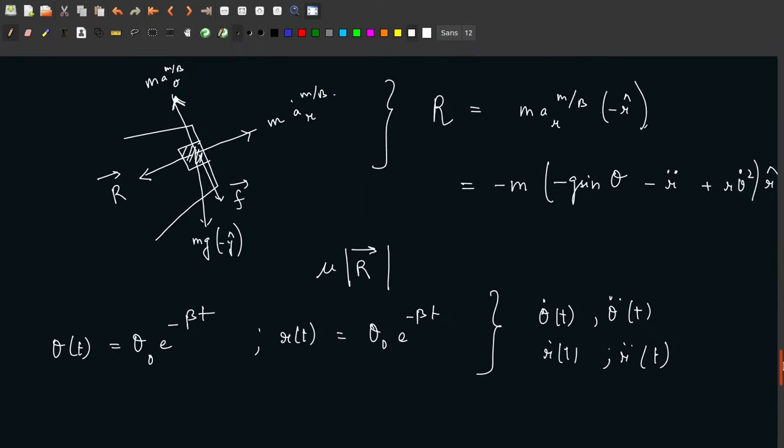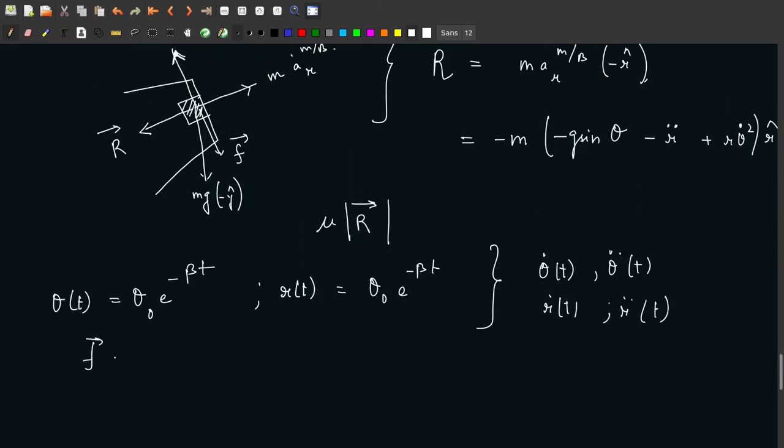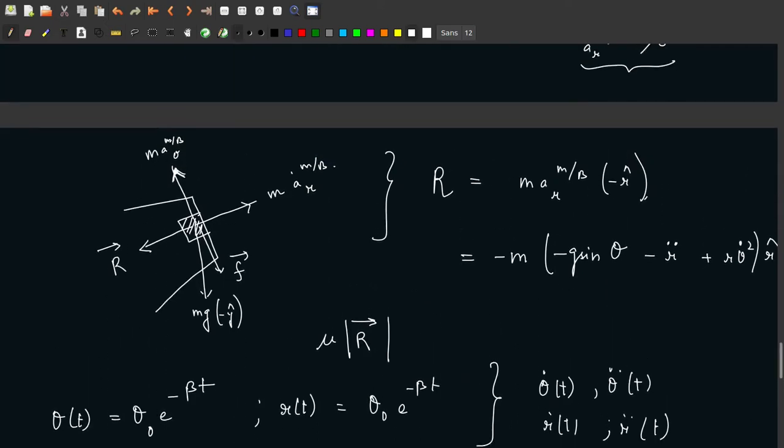The frictional force should be the magnitude times minus theta cap. If your m a theta, the tangential component of the acceleration of the mass with respect to the bucket, is greater than 0, then it points in the theta cap direction, and then the friction points in the minus theta cap direction.